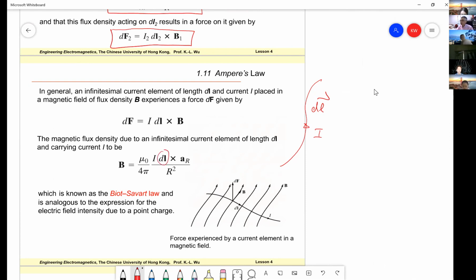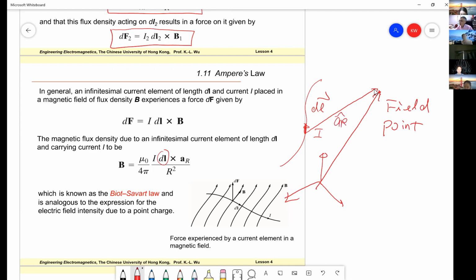Also we have a point, if we give a coordinate system, the field point. We define a vector from the differential length to the field point, the unit vector, using a triangular head.